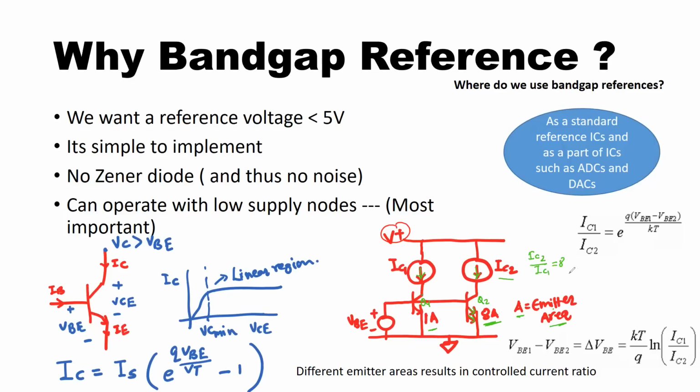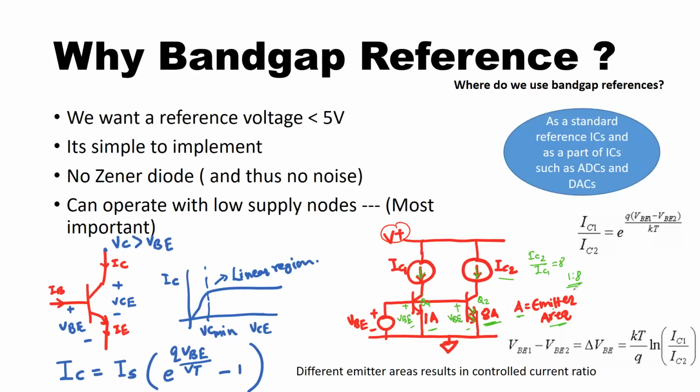Or you can say that you select a 1:8 ratio, where IC1 is 1 and IC2 is 8 times IC1. And the effect is that you have this forward voltage drop across transistors Q1 and Q2 to be the same.